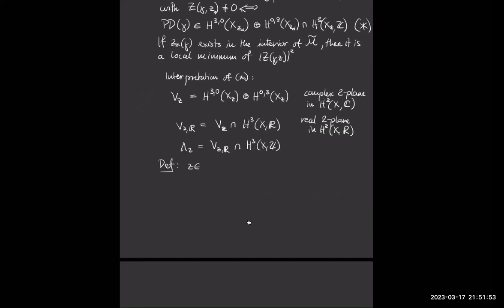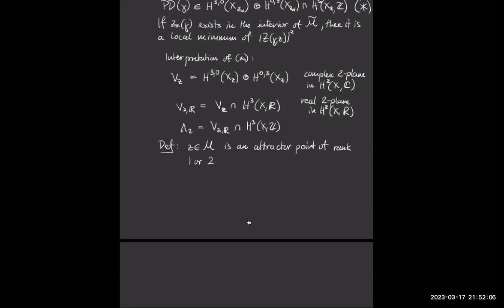A point S Z in M is an attractor point of rank 1 or 2 if the rank of this lattice is 1 or 2.